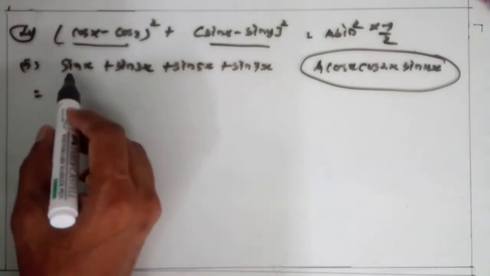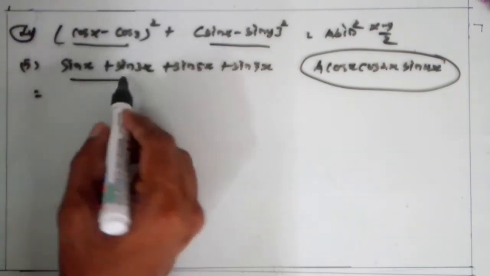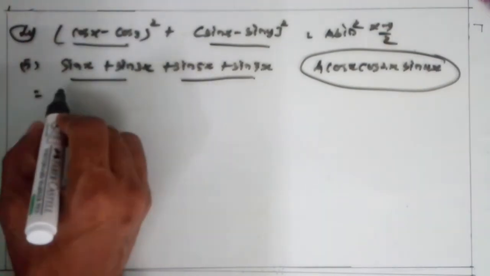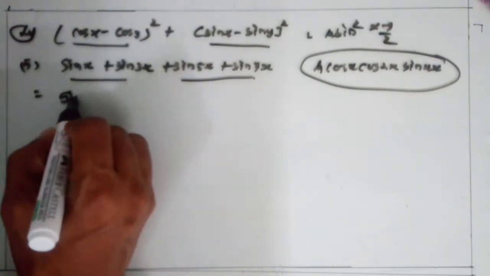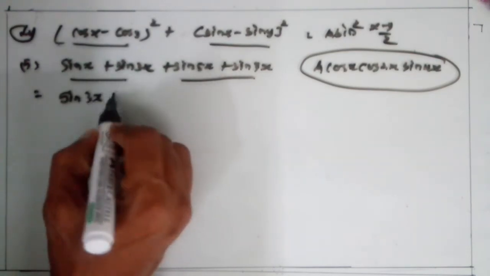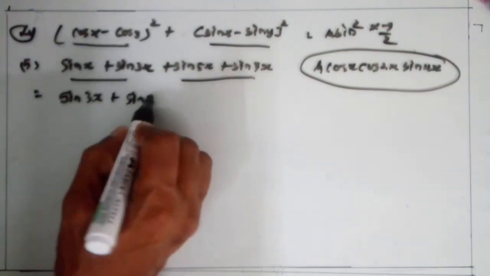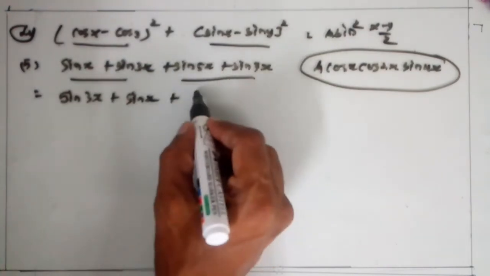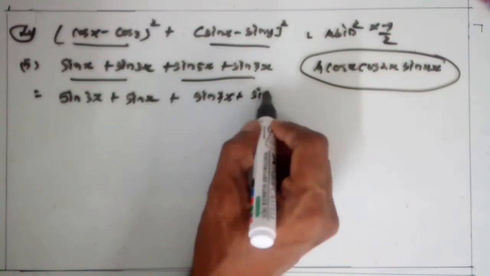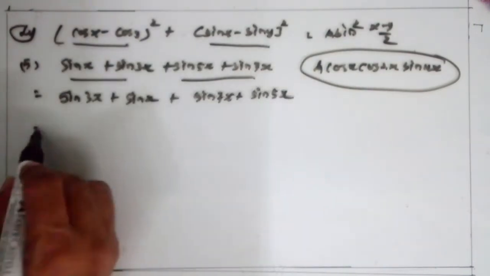Here we apply s plus s for the first two terms and s plus s for the last two terms. For the first two terms, first write sin 3x plus sin x. Similarly for this, sin 7x plus sin 5x. Clear? Now apply the formula.